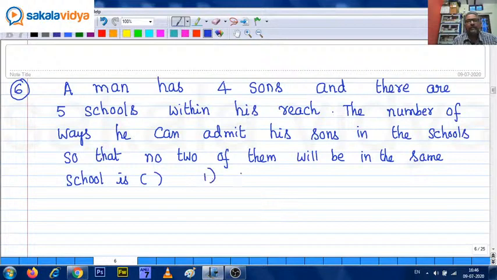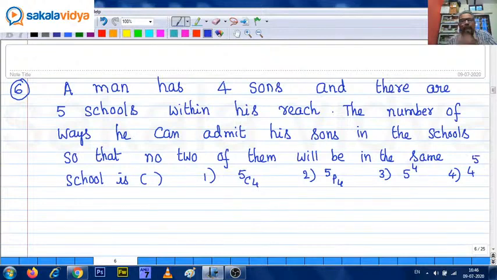First option 5C4, second option 5P4, third option 5 to the power of 4, fourth option 4 to the power of 5.